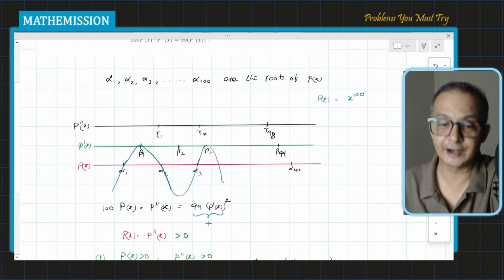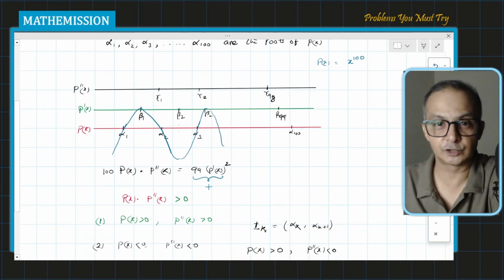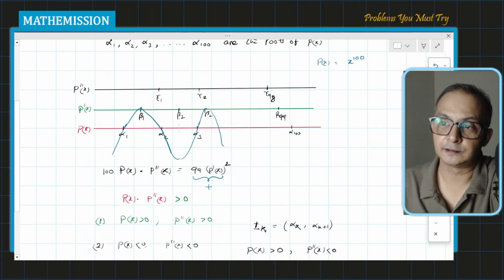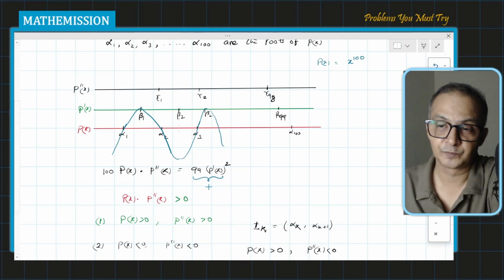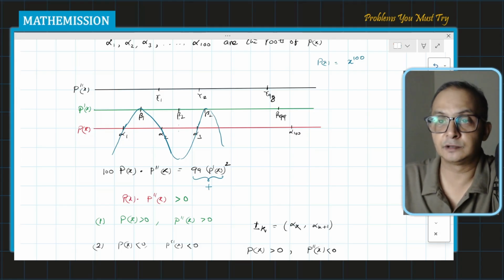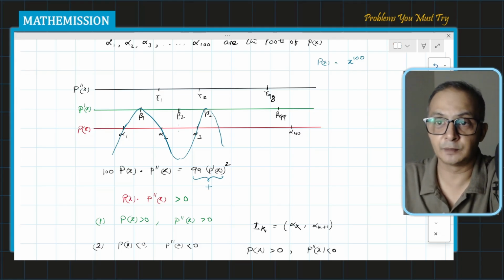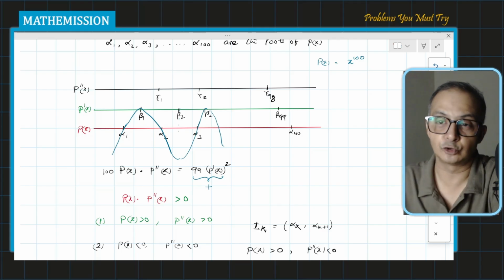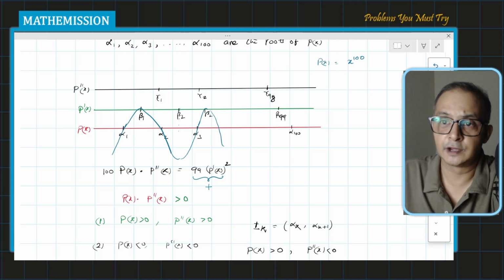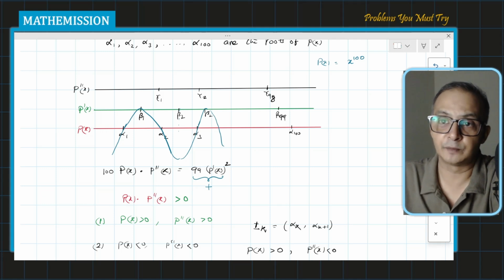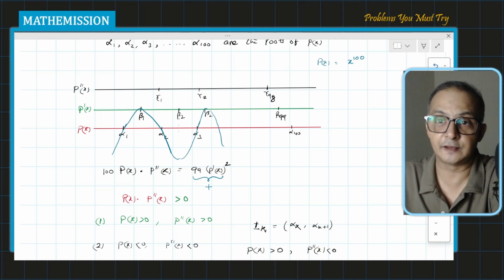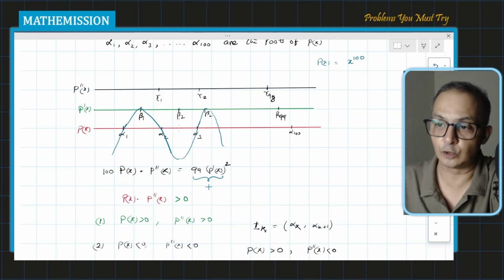But by this whole information we have, we tried to draw the graph, and by using Rolle's theorem, what is the theorem we are using here in disguise? That between two roots of any polynomial, the p'(x), the derivative must have one root. If they have alpha 1, alpha 2, there must be beta 1 between alpha 1 and alpha 2, where the p'(x) will be 0.